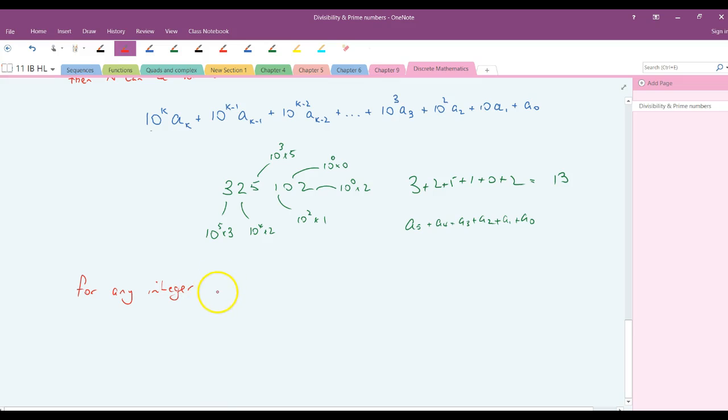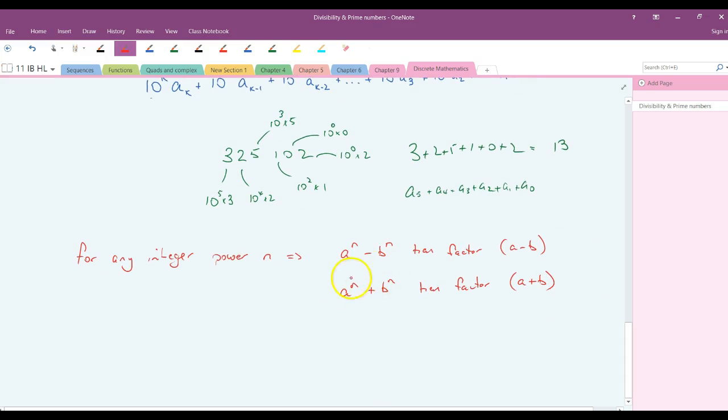For any integer power n, a useful result here is that a to the n minus b to the n has a factor a minus b, and a to the n plus b to the n has a factor a plus b. We know this from the difference of two squares, and from our polynomial division that we did earlier in the core course.